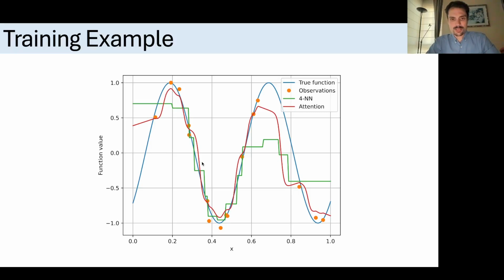And in red we see our attention operator. Of course this can still be improved, and that's why we are going to get more complicated structures from the attention operator.